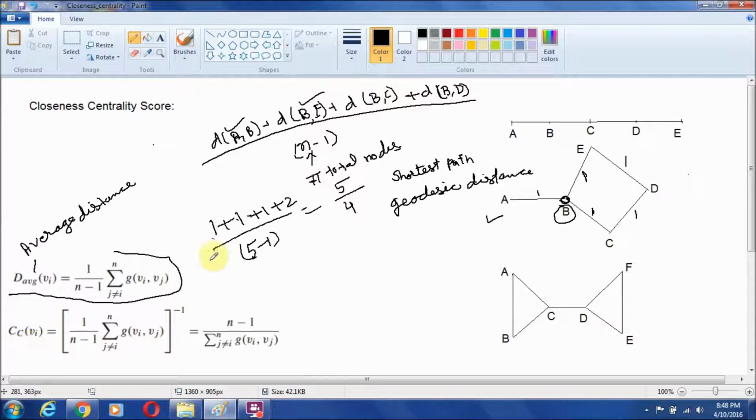Now the closeness centrality score is just the inverse of the average distance. So this is the closeness centrality score. In this case it will be equal to 4 by 5.